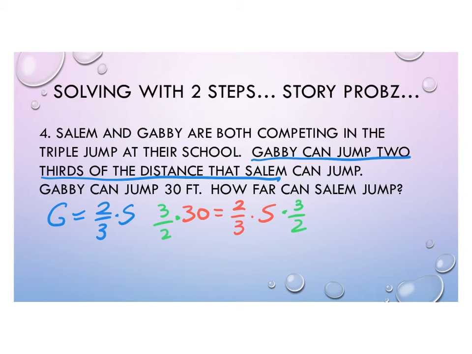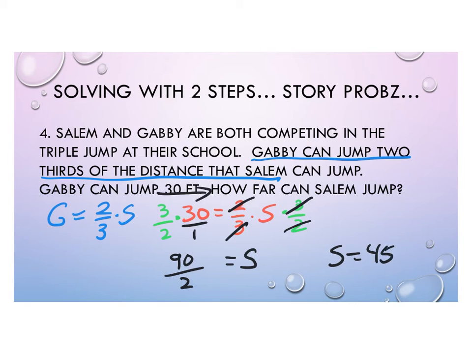Okay, we cross cancel, so 3 and 3 are gone, 2 and 2 are gone. That gets us S, our variable is by itself. And now we have to make 30 a fraction and multiply straight across. 30 times 3 is 90. 2 times 1 is 2. And when we simplify that, S equals 45. Salem can jump 45 feet. That's a pretty good triple jump.